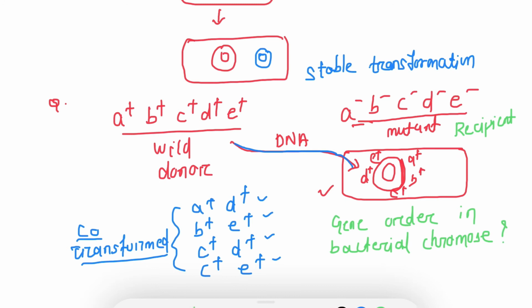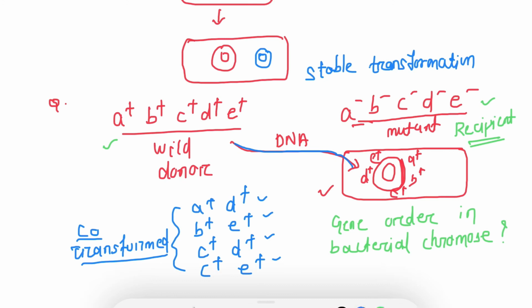The recipient bacteria is mutant for A, B, C, D, E. And this recipient bacteria receives naked single-strand DNA from the environment, which is wild type: A plus, B plus, C plus, D plus and E plus.